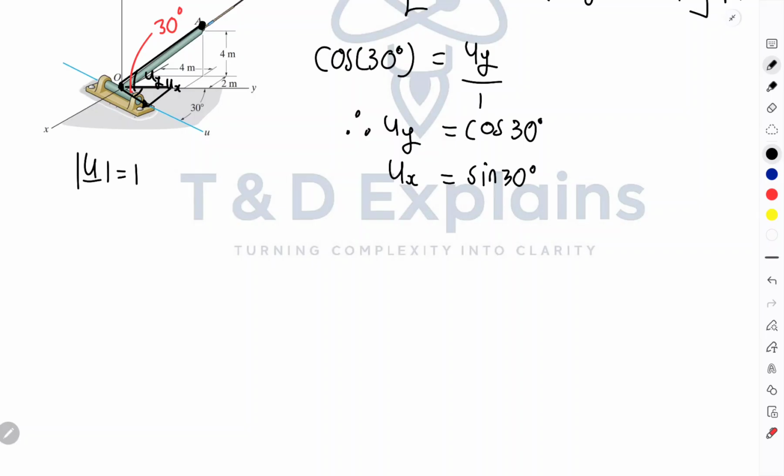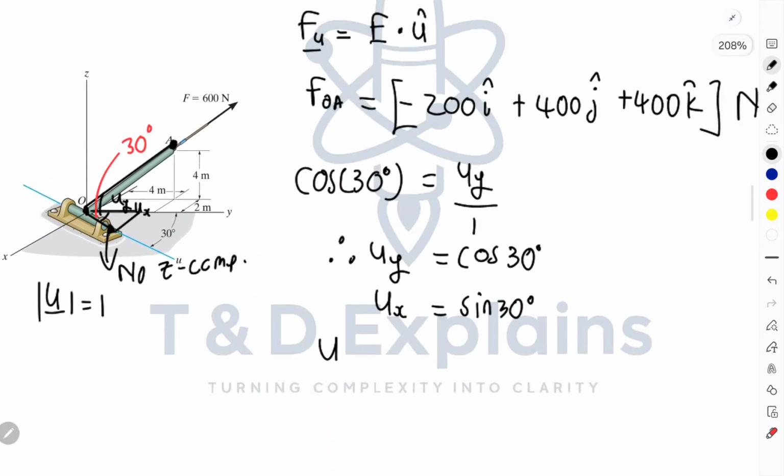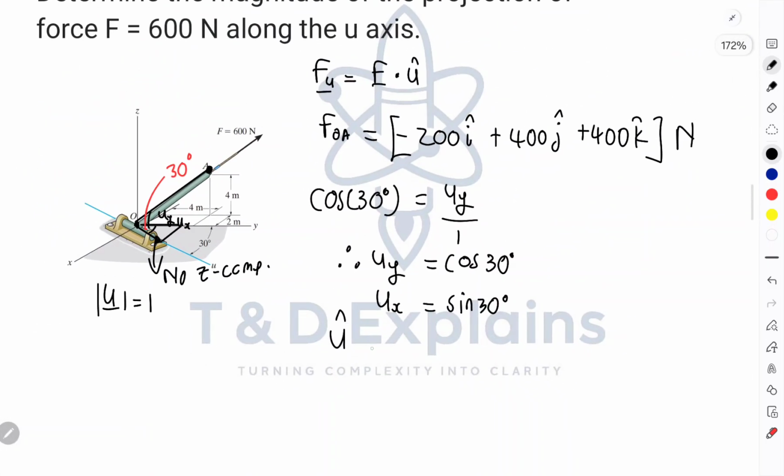Now I do not have a component in the z direction by this unit vector u. So that means u, the unit vector in the u direction, is going to be equal to cos of 30 degrees, because I multiply everything by 1, right?